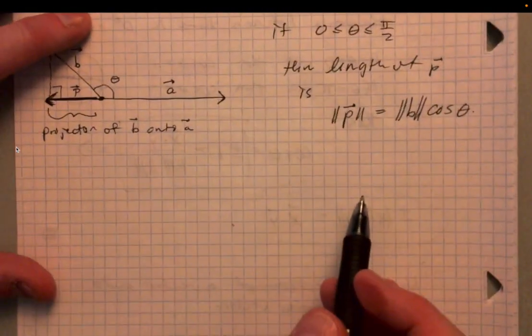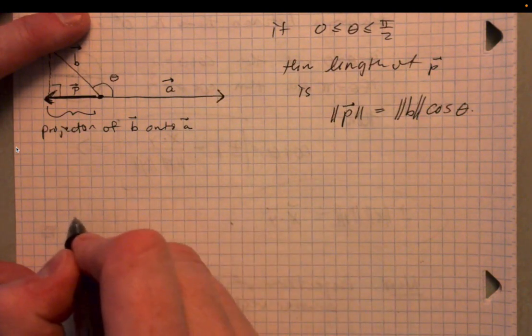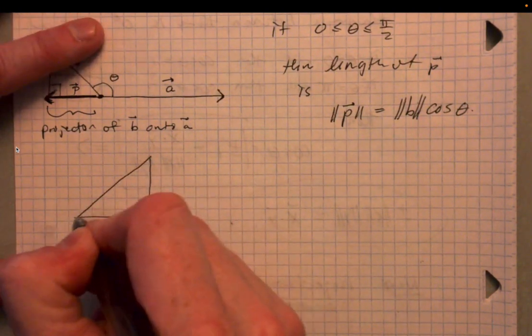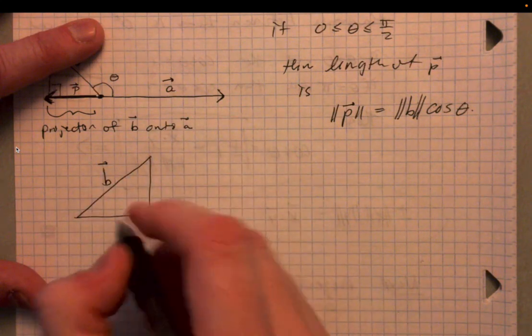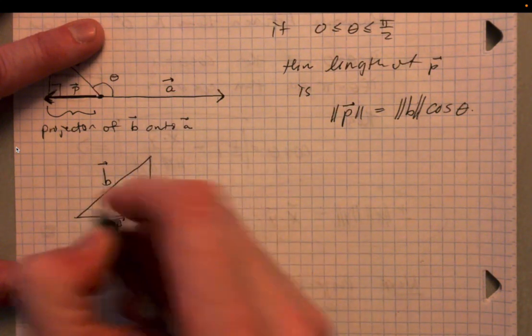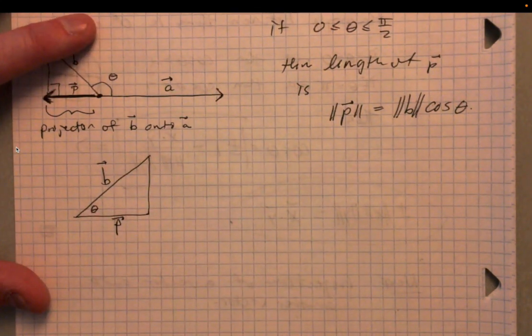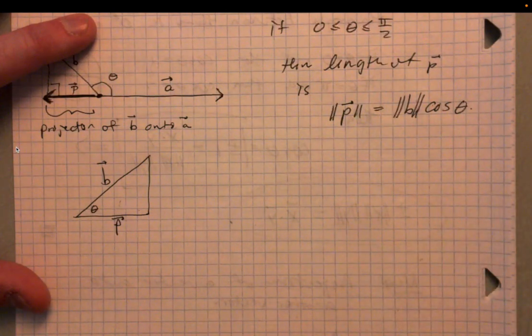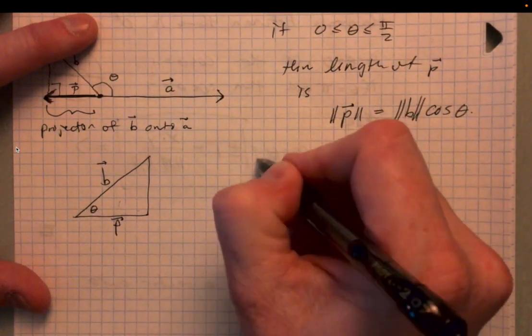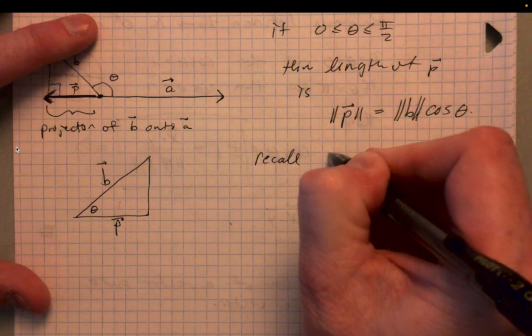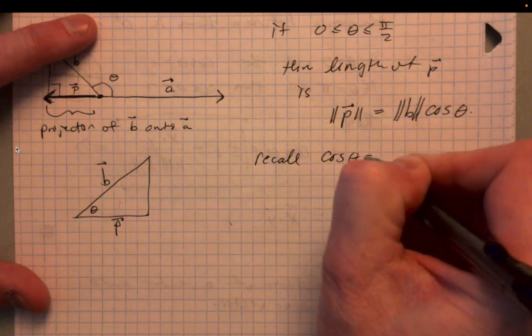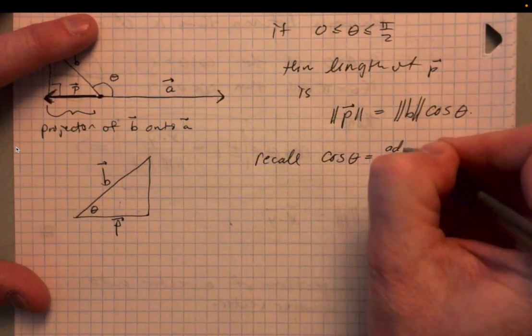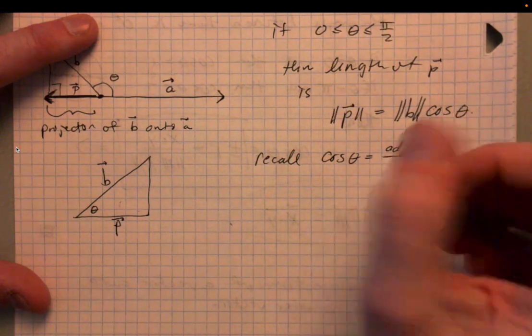Now do we see why that is? Let me redraw it down here so we can keep it all on one page. So there's my B, here's my P, there's theta. What I'm saying is that the length of P is equal to B times cos theta. Well, just recall from trig that the cosine of theta is equal to the adjacent side of the triangle divided by the hypotenuse.